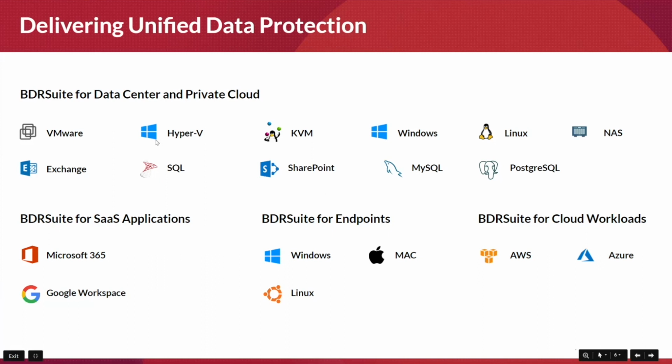So if you have a virtual environment, we have VMware, Hyper-V, and KVM support for you at a VM level. And if you have physical machines, server machines of Windows or Linux, for Windows we provide both file folder as well as disk image level backups. Whereas for Linux, we support file or folder level backups for all the Red Hat and Debian variants of Linux.